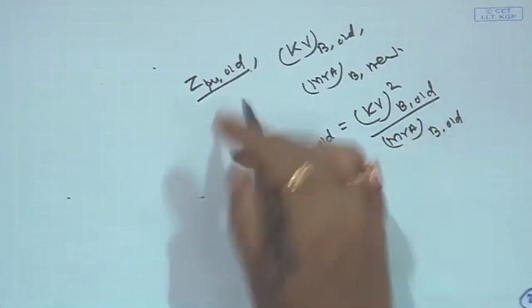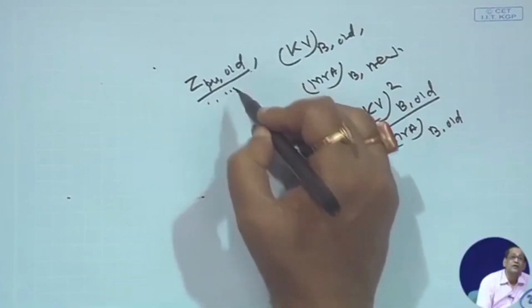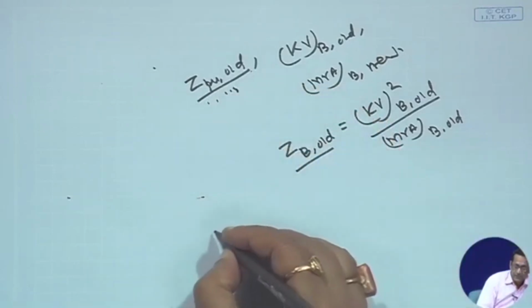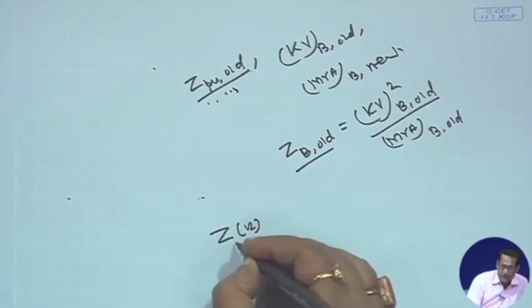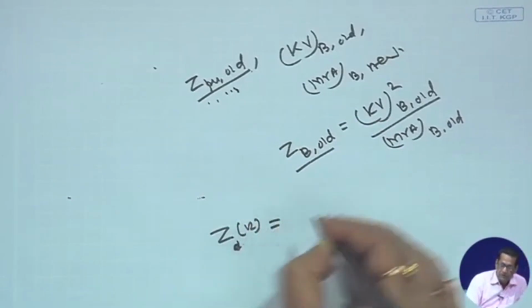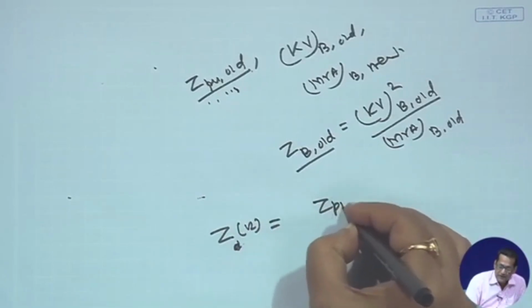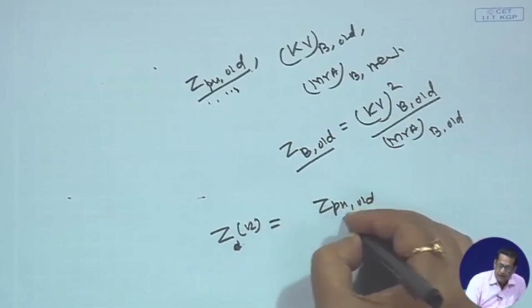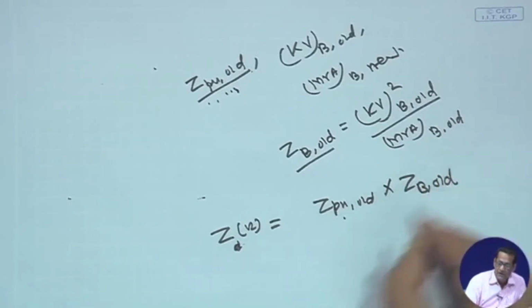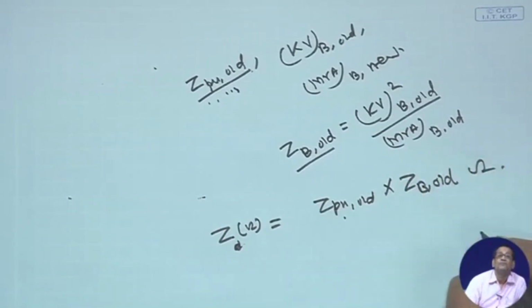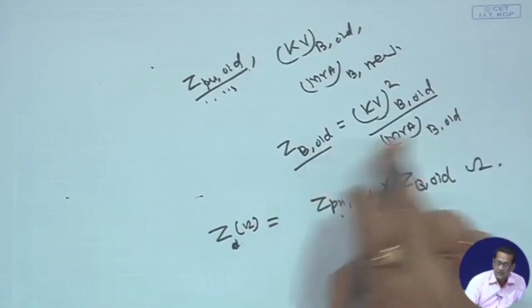Therefore, you convert this Z per unit old into ohmic values. That means, your Z ohmic value is equal to Z per unit old into Z base old, right. So, this is actually in ohm, because this is your Z base old.